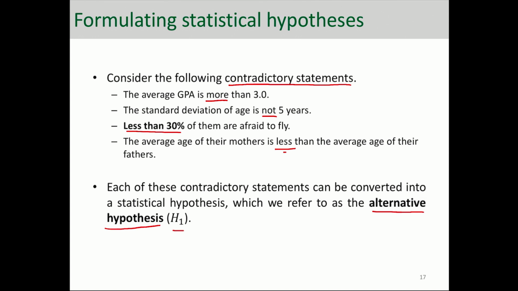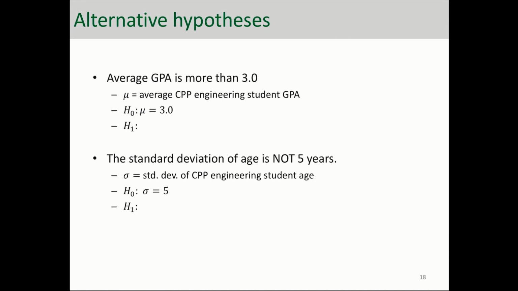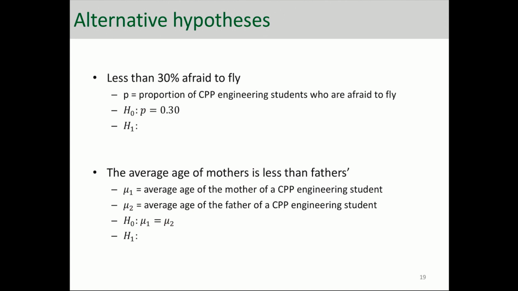That's the final goal. So if we want to write down our alternative hypotheses, it would be mu is more than 3.0, sigma not 5 years, so sigma is not equal to 5, less than 30%, so P is less than 0.3, and the average age of mothers is less than that of fathers, so mu1 less than mu2, or in other words, mu1 minus mu2 is less than 0.